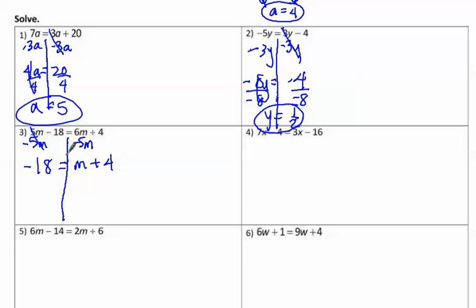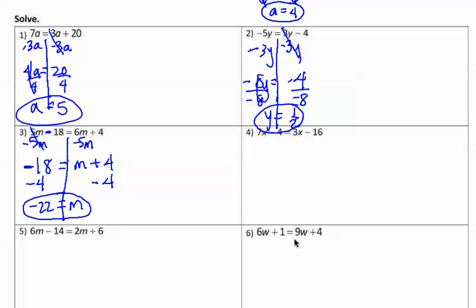Now I have a two-step equation. I'm going to subtract 4 from both sides and get negative 22 equals m. Don't forget, because this says a minus 18 here, that you need to bring down a negative 18 here.